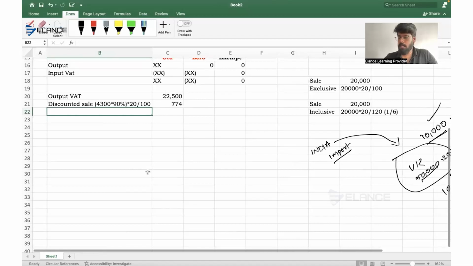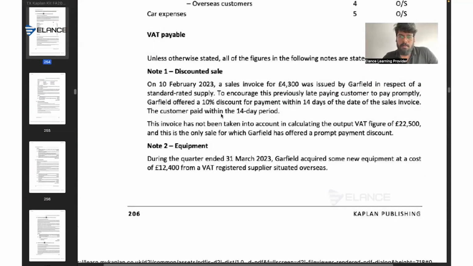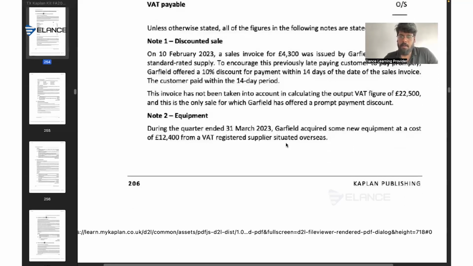So here in this question, Garfield purchased an asset from an overseas supplier. It's an import, and 12,400 is the price of that equipment.